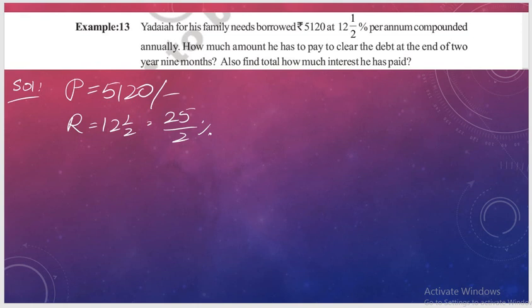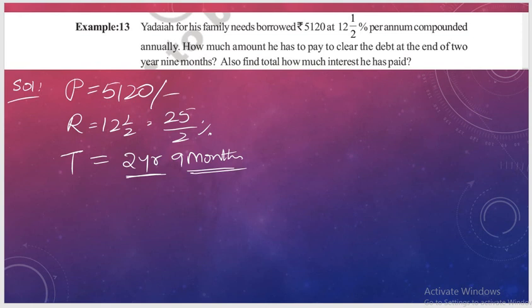So here he has given a combination of two parts. So here n is equal to how much? 2 years. Sorry, here not n, here time. So time is given as 2 years 9 months. Whenever you have compounded annually and 2 years 9 months, we have discussed one particular process.